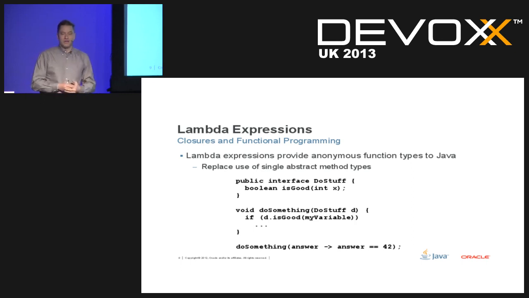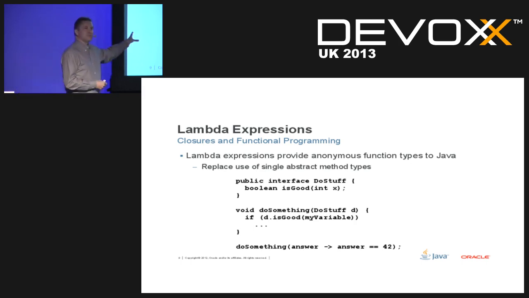If I want a method which uses that, I can define my method doSomething, which takes a parameter of type doStuff. Then we can call the isGood method on that parameter, and we'll get back the result. Okay, all good so far.